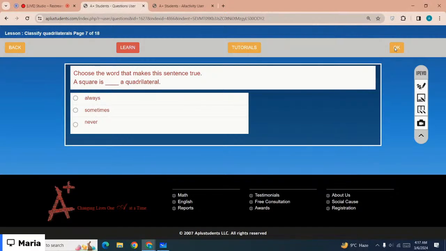Choose the word that makes the statement true: a square is dash a quadrilateral. A square is always a quadrilateral, right?